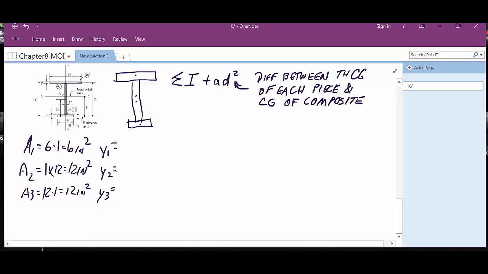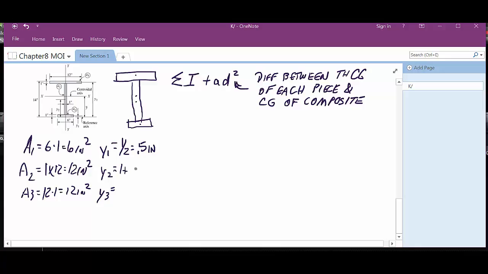Okay, so what is the Y for 1? 1 divided by 2, right? See, you thought you weren't going to have to remember this ever again? So it's a 1/2 inch. That's the distance from the base up to this center of gravity, right? Then we have to get the Y for 2, which is going to be 1 plus what?